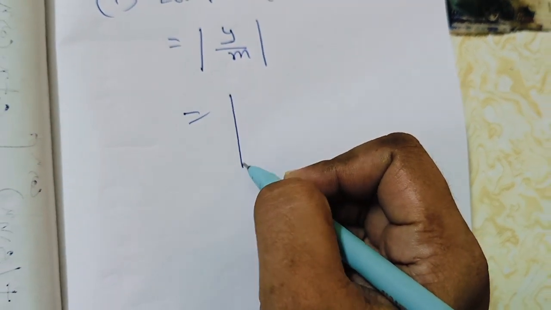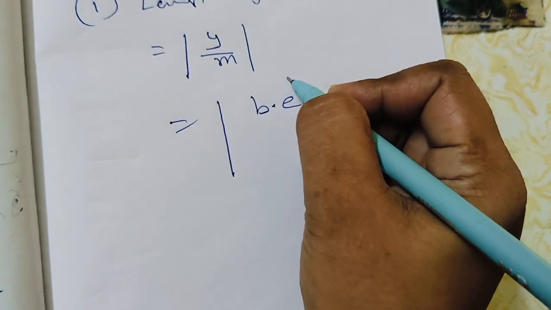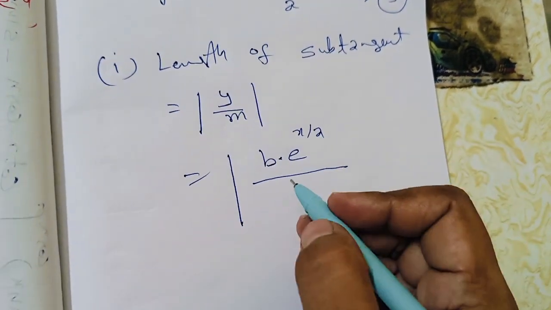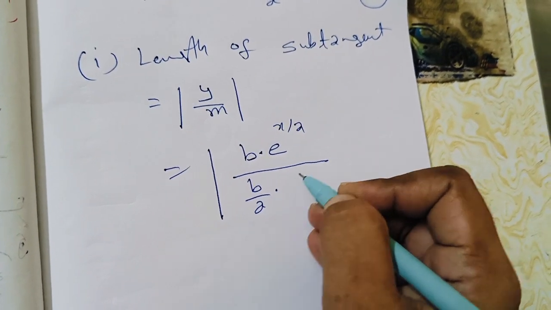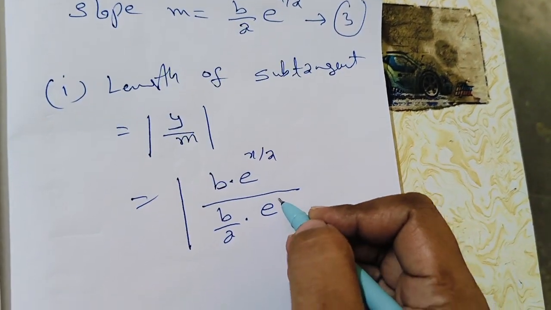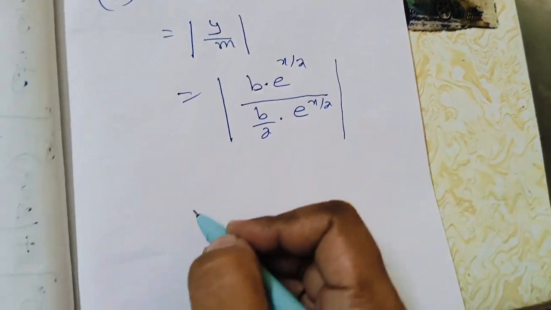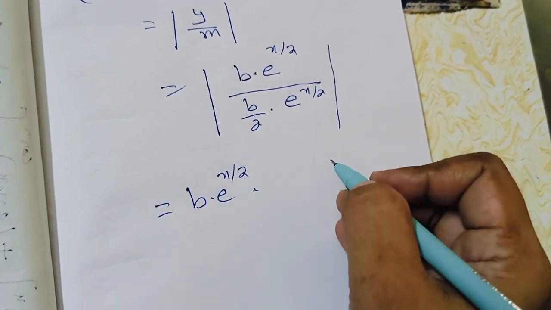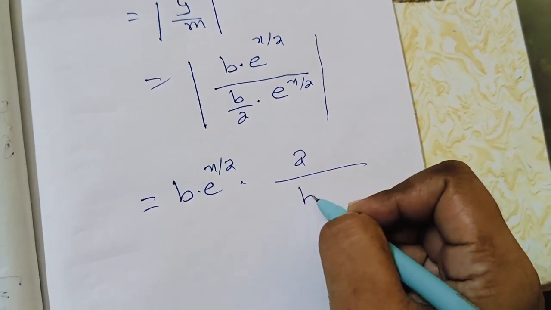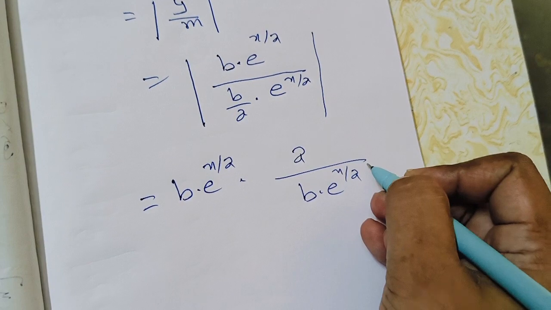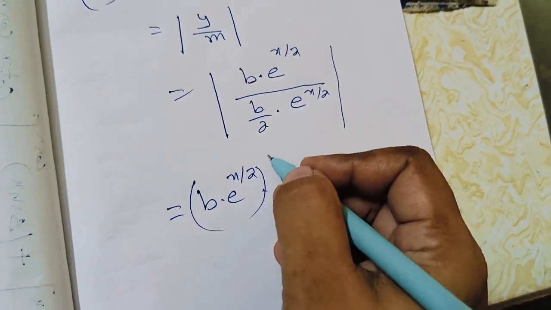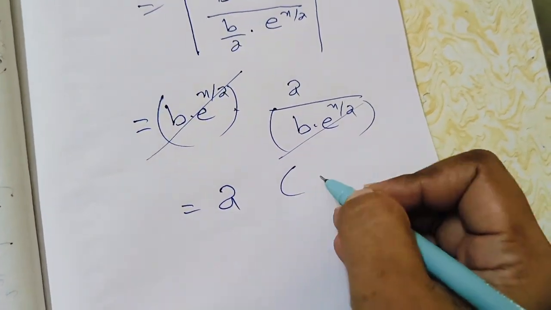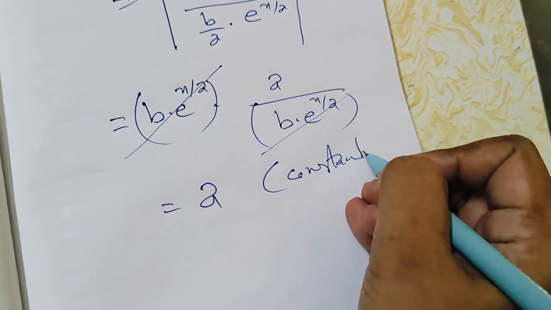So in the numerator we will write b e^(x/a) divided by m, where m is (b/a) e^(x/a). Now we will write its reciprocal: b e^(x/a) into a/(b e^(x/a)). Here we will cancel the similar terms. Now the constant term is a. Here we will write it's a constant.